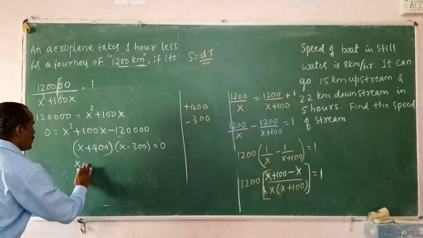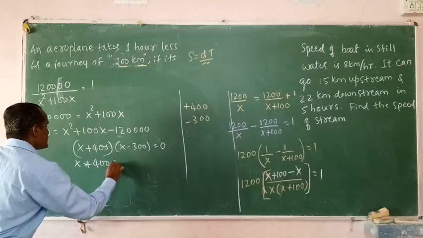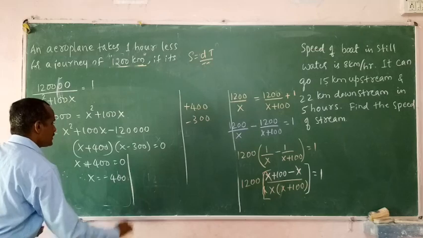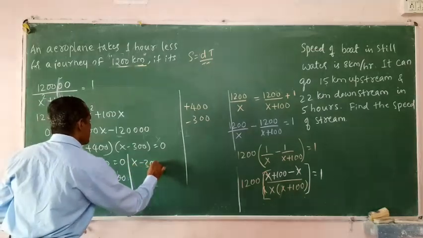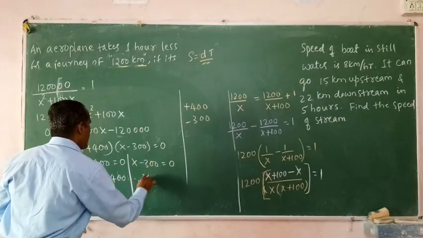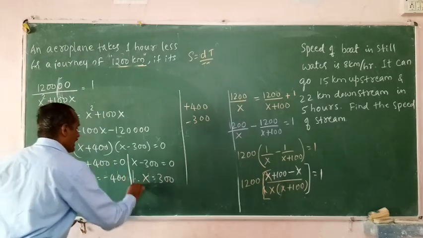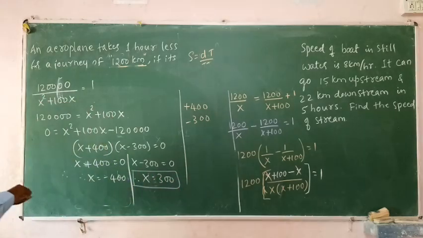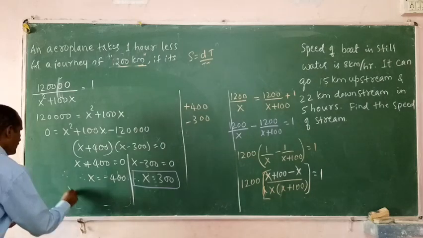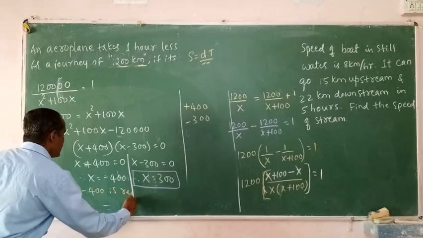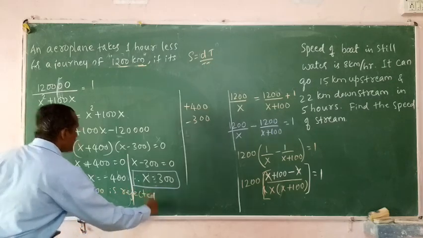x plus 400 is equals to 0, therefore x is equals to minus 400. x minus 300 is equals to 0, therefore x is equals to plus 300. So x is equals to minus 400 is rejected. Why is it rejected?